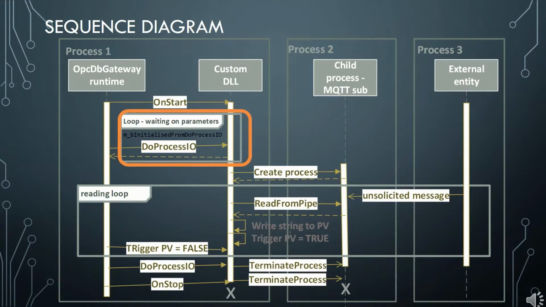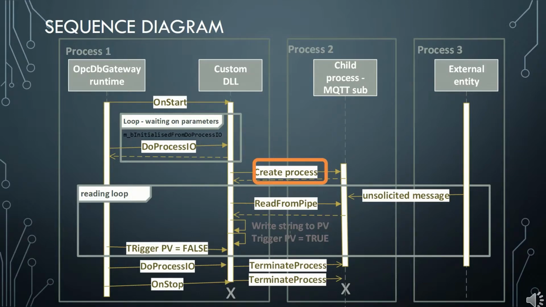This function is called by the configurable call DLL command. In the call to this function, arguments are handed over. In our case, for example, the command line string for the mosquitto_sub.exe, including parameters such as the host for the MQTT broker and the topic of messages that we want to receive.